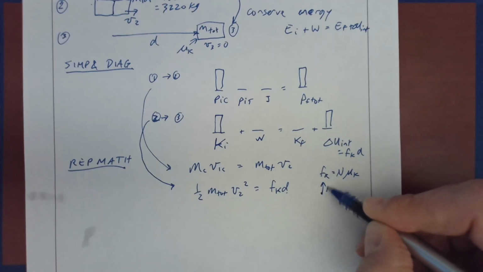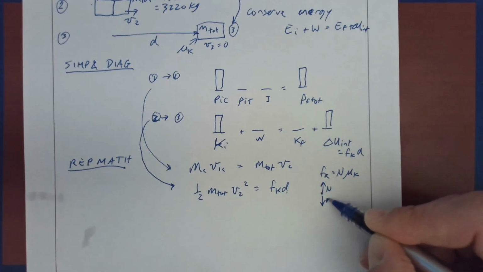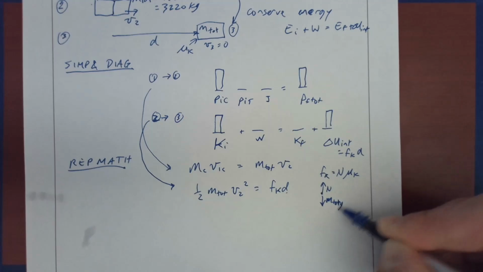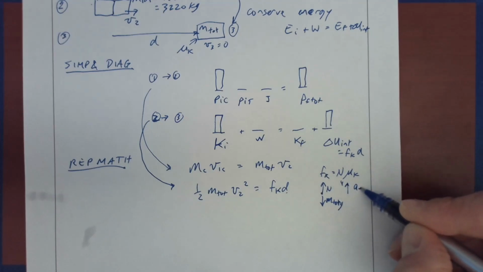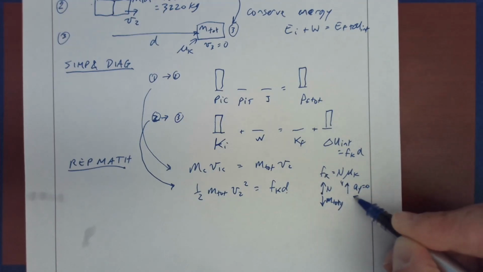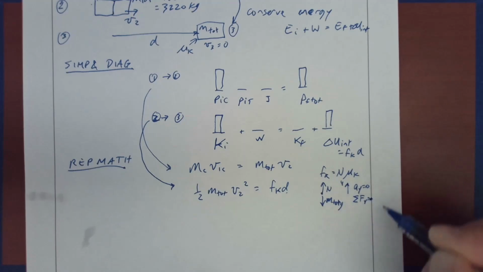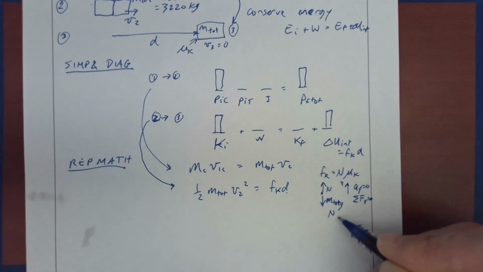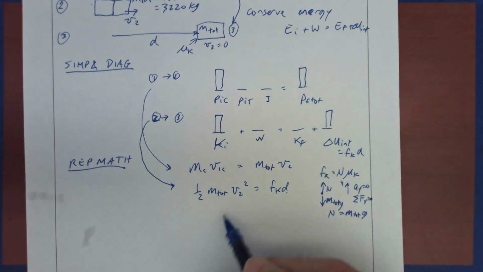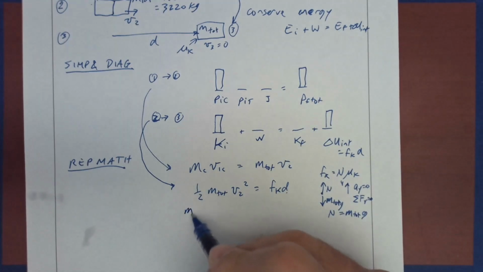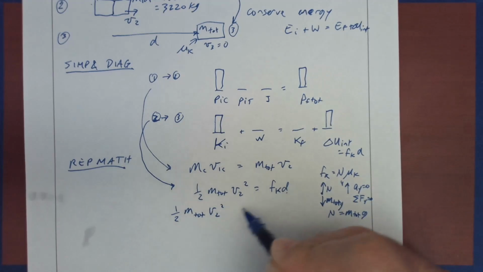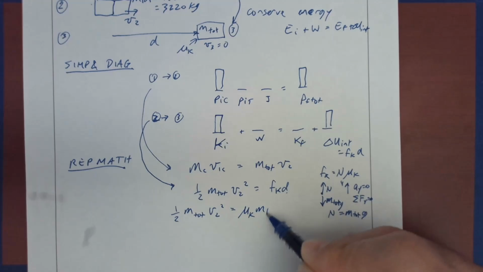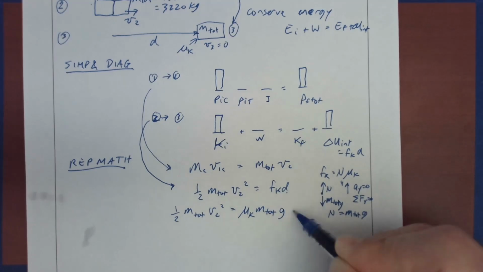If you have the normal force acting up and m total g acting down, and this is the y direction, and a sub y equals 0, so the sum of all the forces in the y direction equals 0, then the normal force equals m total times g. So what you end up with is 1/2 m total times V2 squared is equal to mu sub k times m total times g times d.